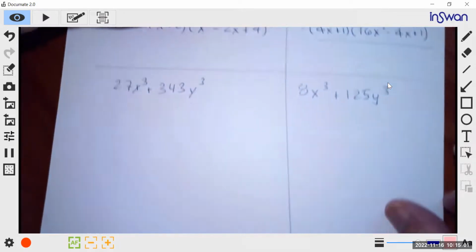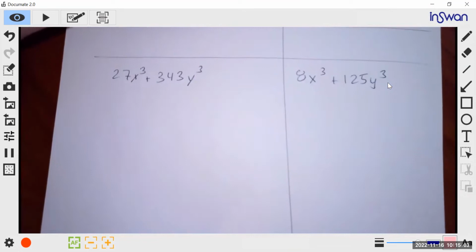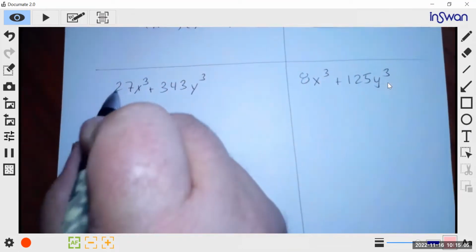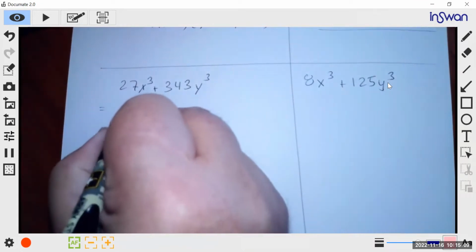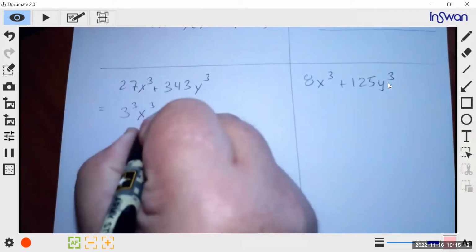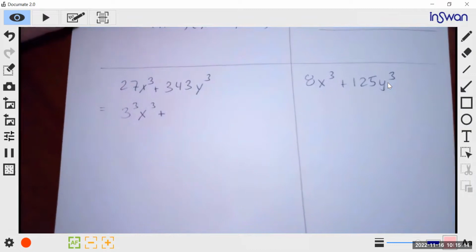Now let's have some big ugly numbers. What's 27 made up of? So it's 3 cubed, x cubed. How about 343?